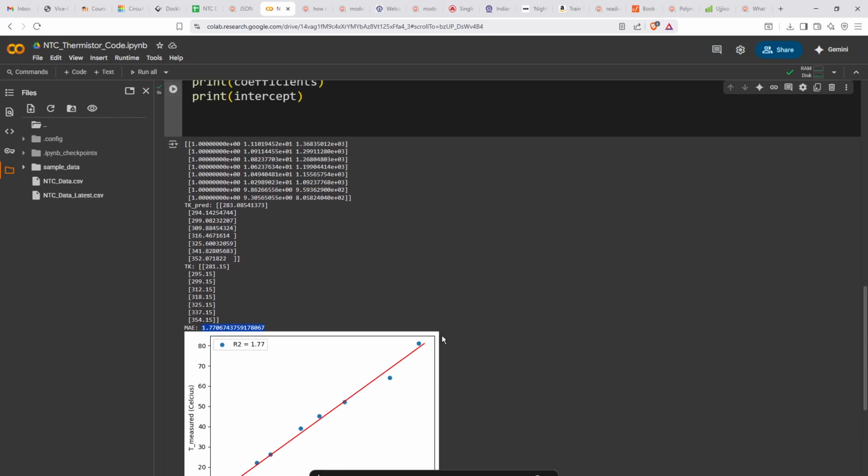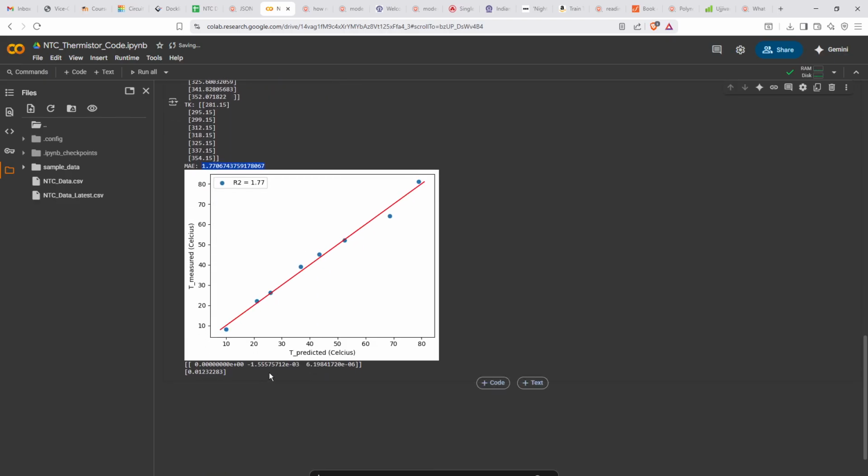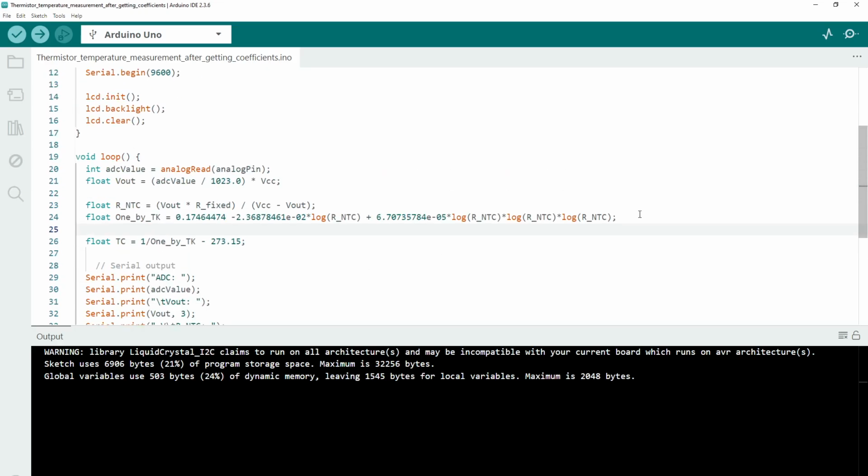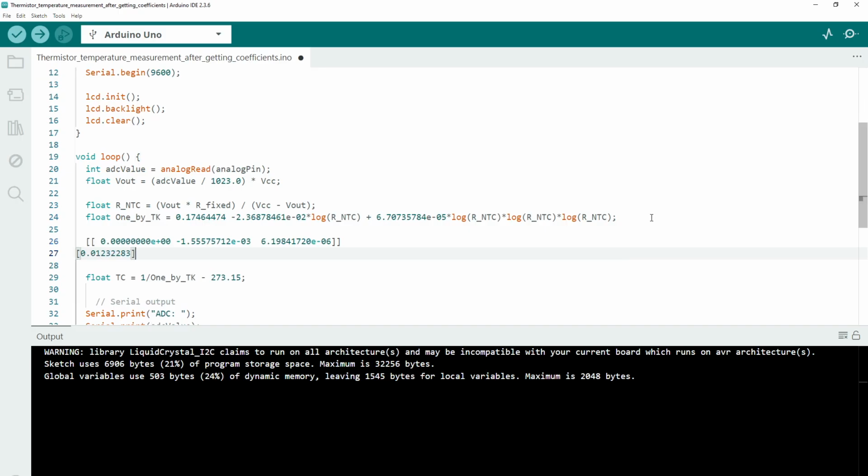Now I will take the coefficients of this equation, and I have created another code where I can use these coefficients to predict the temperature.